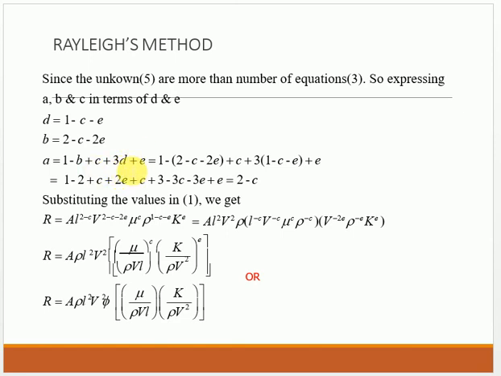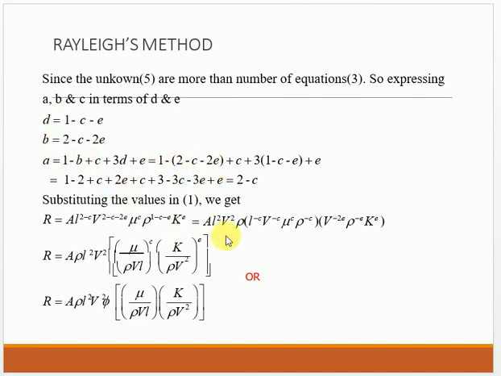We know the value of d, 1 minus c minus e, so substitute 3 into 1 minus c minus e, plus e. To simplify, this becomes 2 minus c, so a will be equal to 2 minus c. So now we got the values of a, d and b.